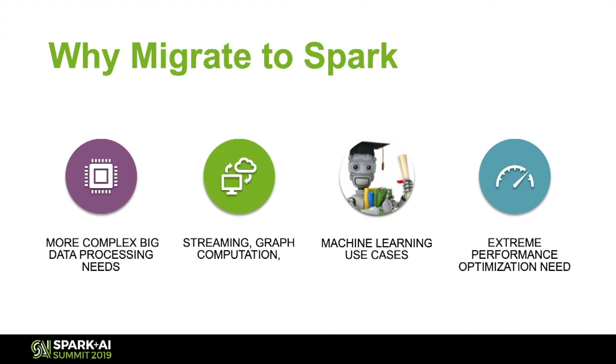When we migrated to Spark, I think it's clear now, we are all impressed by the power and advantages of Spark. It's open source. It's a unified processing engine for streaming data and batch data. Also, it supports machine learning use cases and AI use cases.